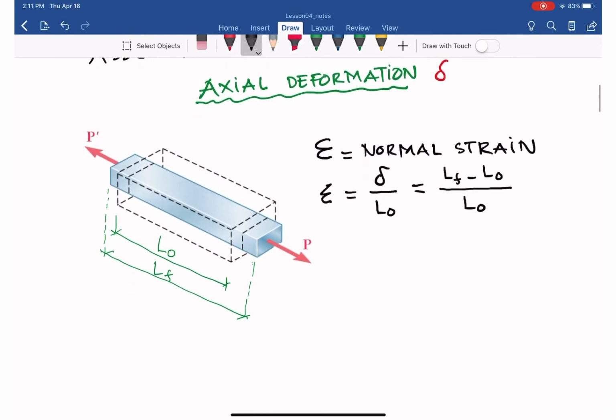With that, we have several assumptions to apply for this axial deformation. First, we assume a constant cross section. As you can see here, this is the cross section, a rectangle.